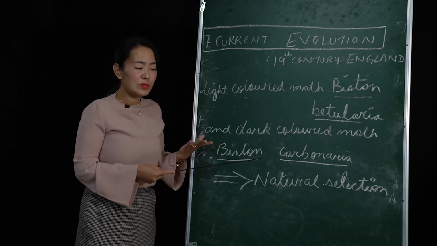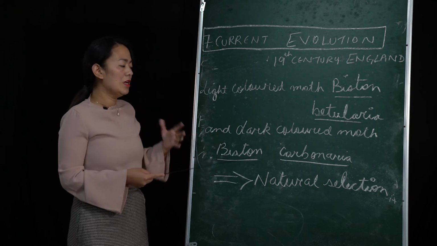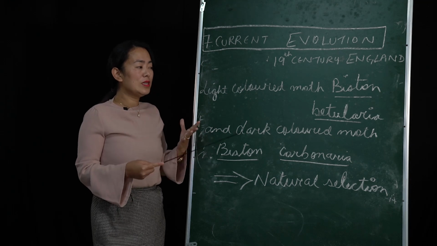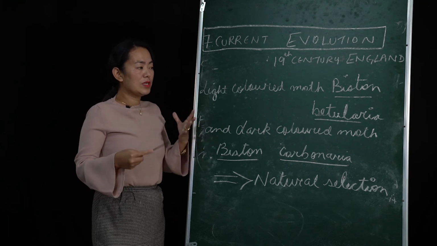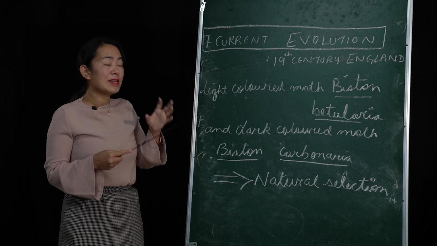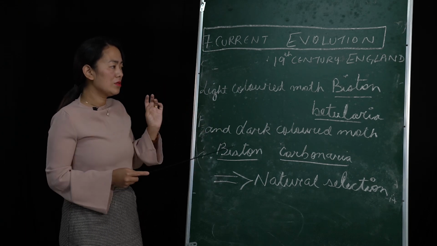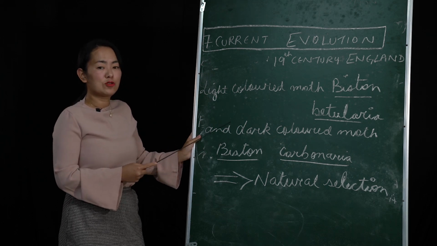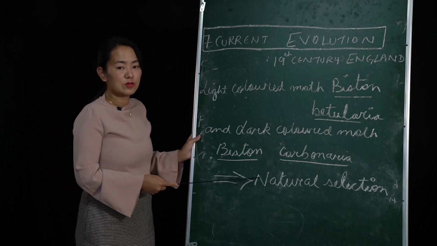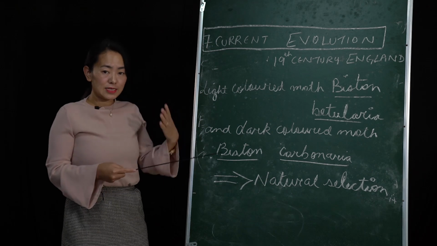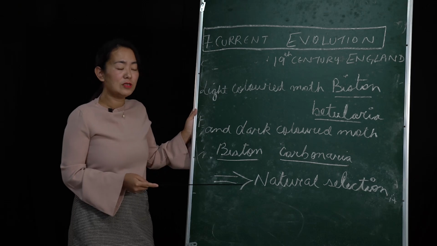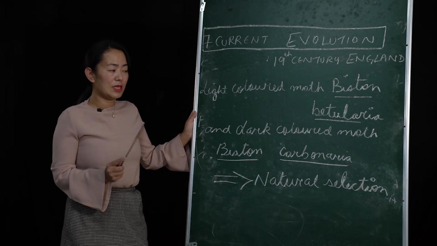When they were not visible to the birds, they could survive. When they survived and reproduced in large numbers, they started increasing their population. This is a result of the evolution that took place, which comes under natural selection, which is selection by nature itself because of the industrialization during the 19th century in England.